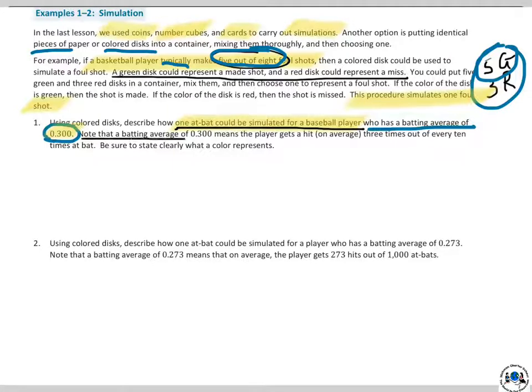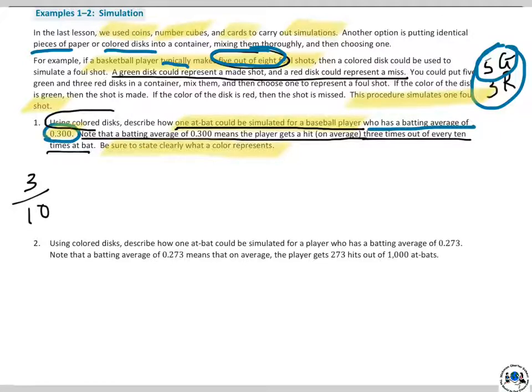Note that the batting average of 300 means the player gets a hit on average 3 out of every 10 times. Again, you could look at that as 3/10 as well. So what I want you to do is state clearly what the color represents. Go ahead and use colored discs.